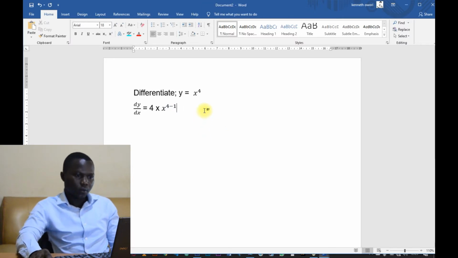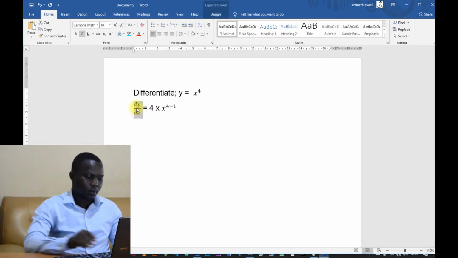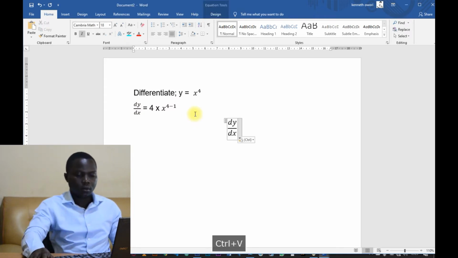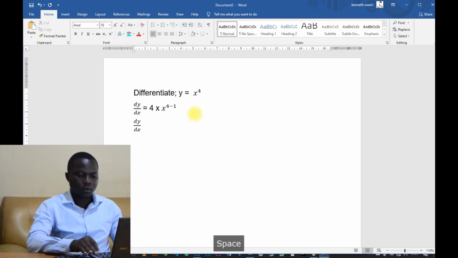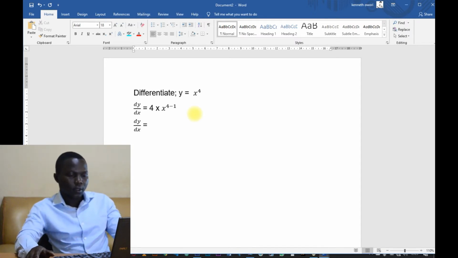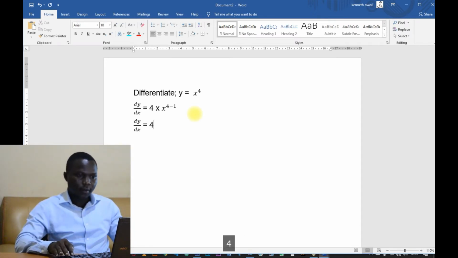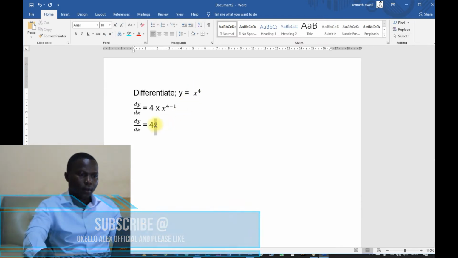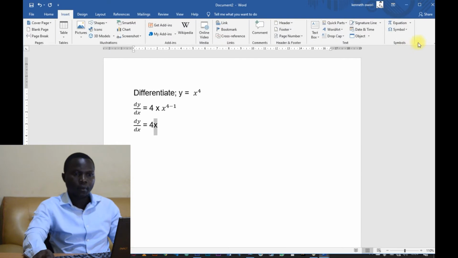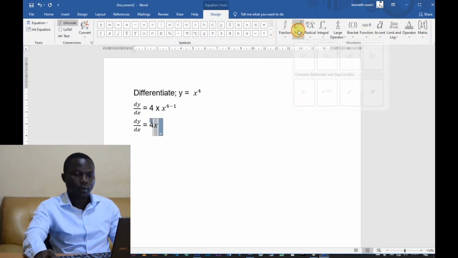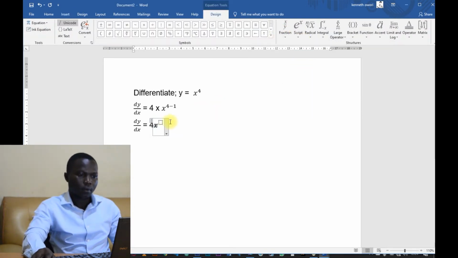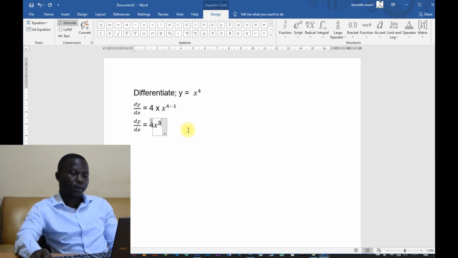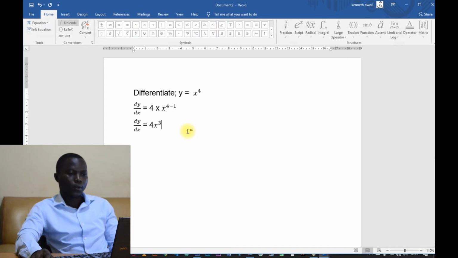So dy dx would be 4x power 3. Why? Because the power of 4 reduced by 1 gives 3.